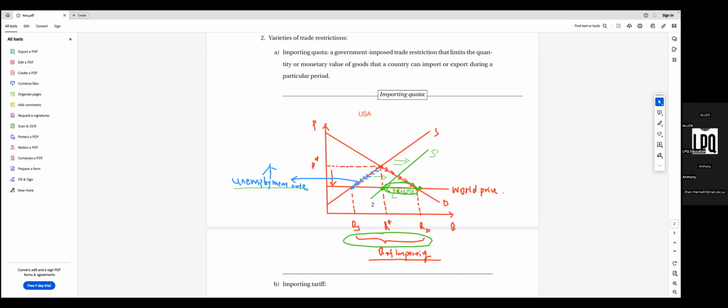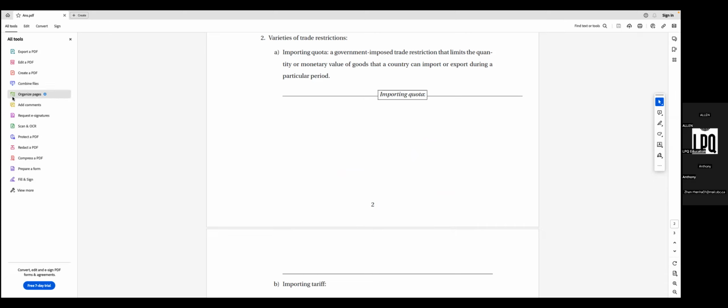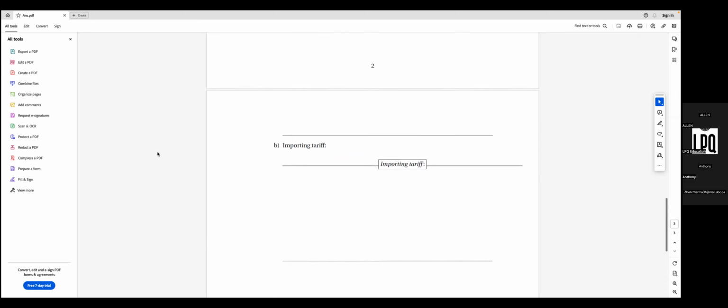You do not need to calculate how big the quota should be, because this kind of question is beyond the AP level class. In the future, if you take an undergraduate level international trade class, you will learn this, regarding how big the quota is.